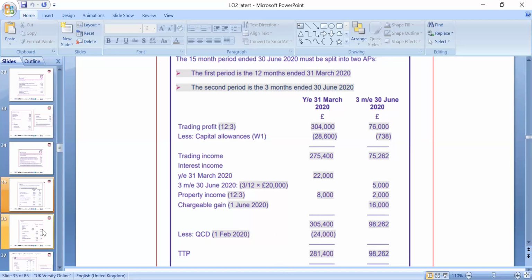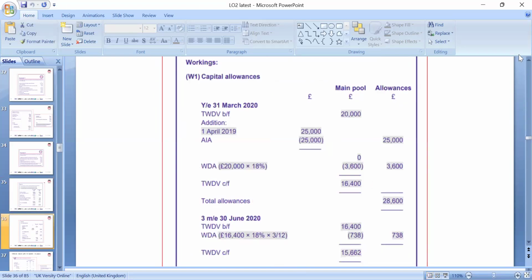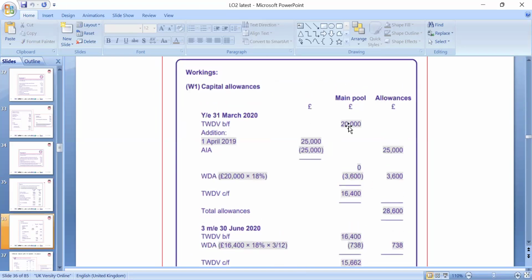So please, on the next page we give all the working here, like the main pool asset, which has the balance brought forward, the addition during the year, the first year allowance, and the annual investment allowance, which we can claim in full. Then we can say 25,000 and 20,000.